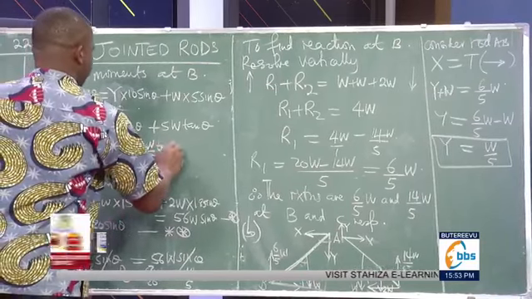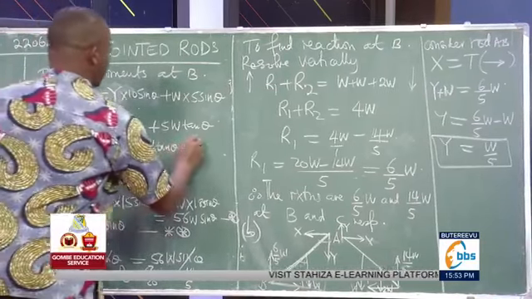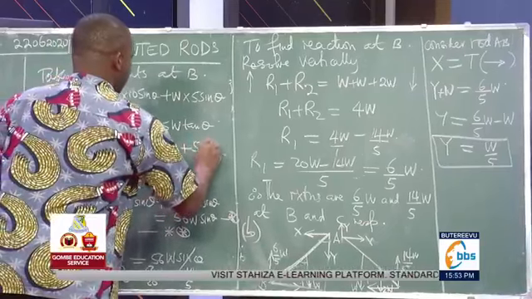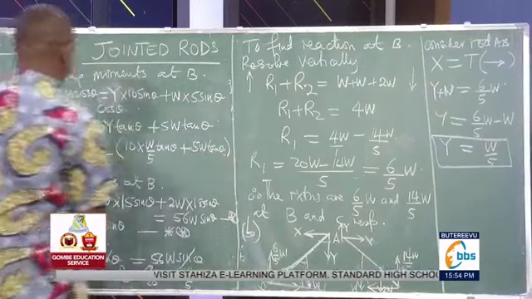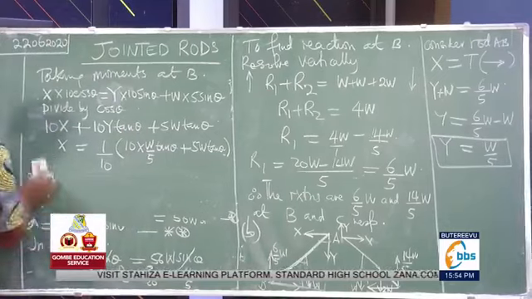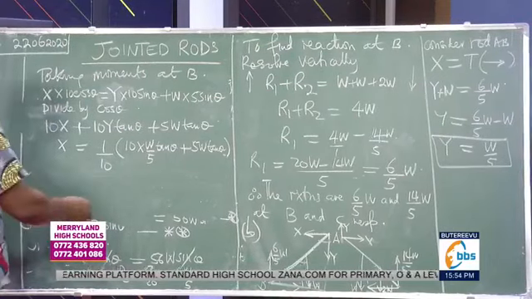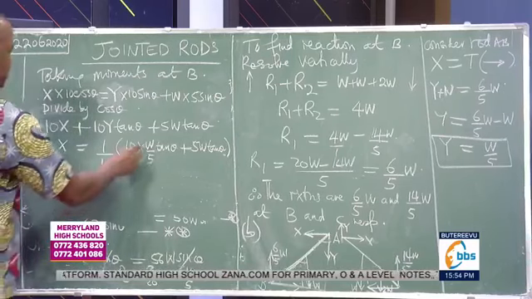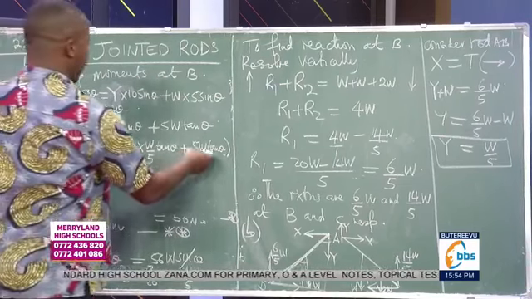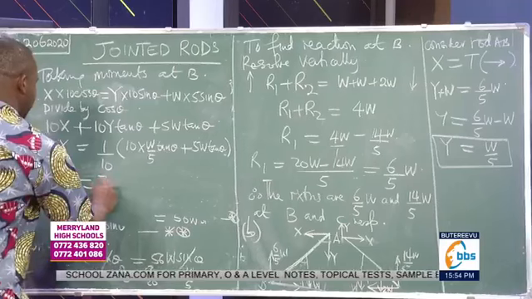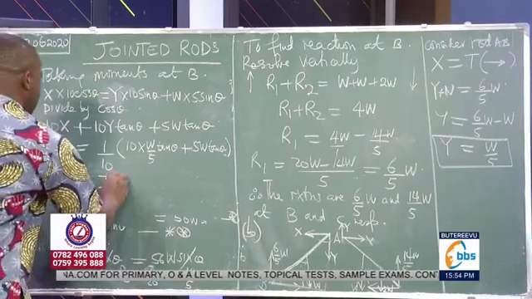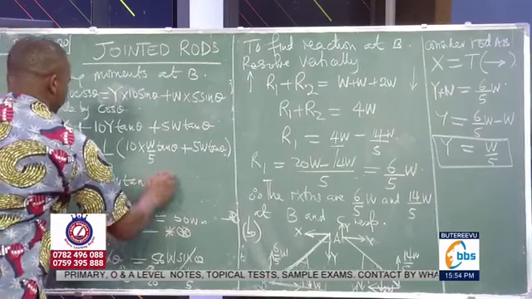The tan of theta plus 5W tan theta. If you compute this, our value of X will be, this is 2 plus this is 5, 7/10 W tan theta.